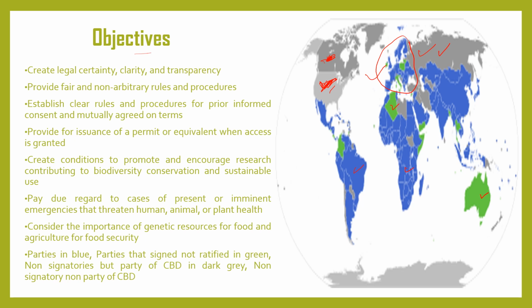So let's see what the objectives are. As I was saying, it was a set of rules. Any protocol is basically a set of rules. So the Nagoya Protocol is basically a set of rules.